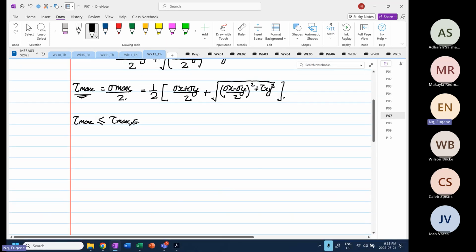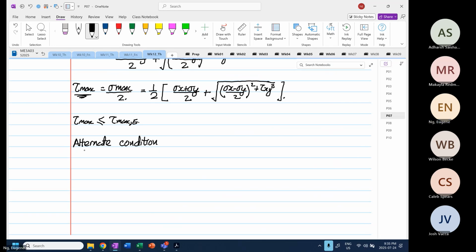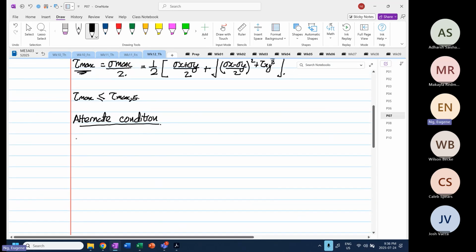So an alternative condition. The alternate condition is such that tau max is equal to half the absolute value of stress max minus stress mean.